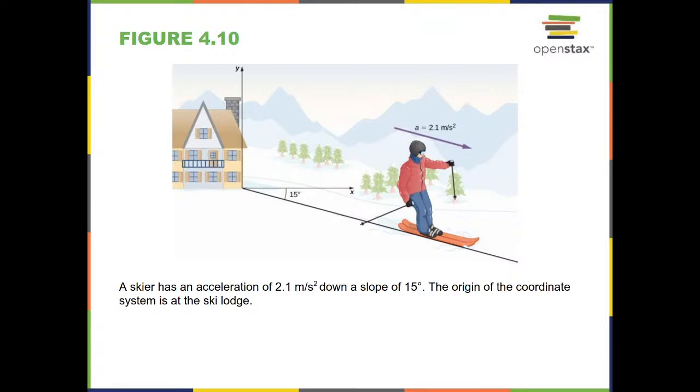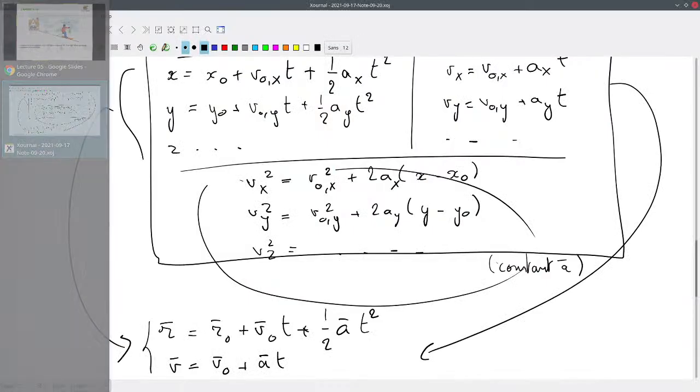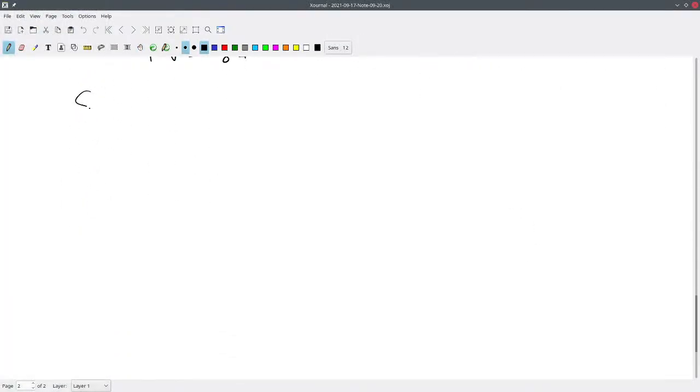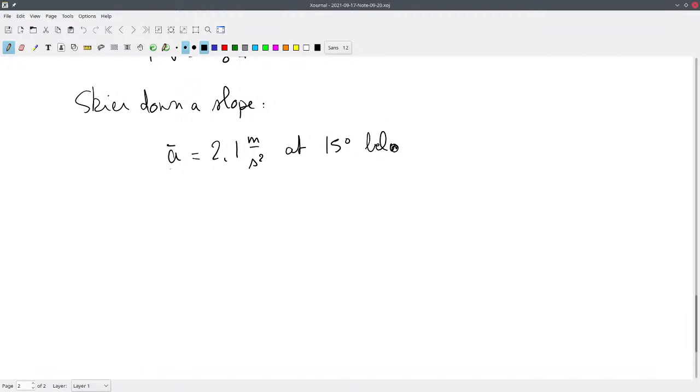The other thing we know is the initial position at time 0 and the initial velocity at time 0. So let me write that down. This is a skier down a slope. The acceleration is 2.1 meters per second squared at 15 degrees below the horizontal.